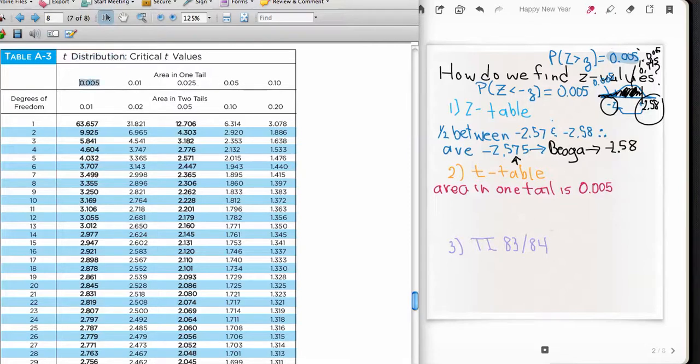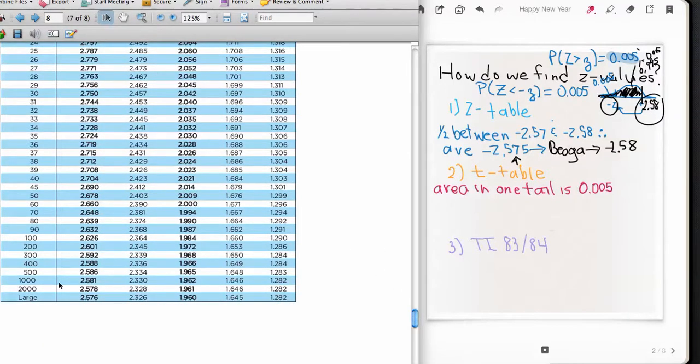So I'm going to find this 0.005, and then I'm going to go to the bottom of the t distribution here, and the degrees of freedom over here, it says large. Whenever the degrees of freedom are large, not any of these others, mind you, just the large one, I'm looking at a z-score.